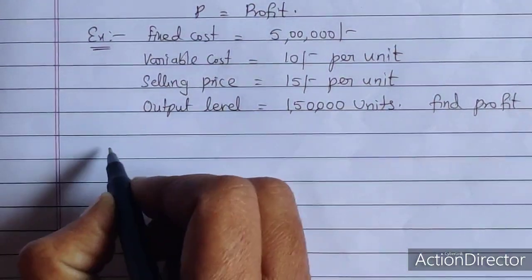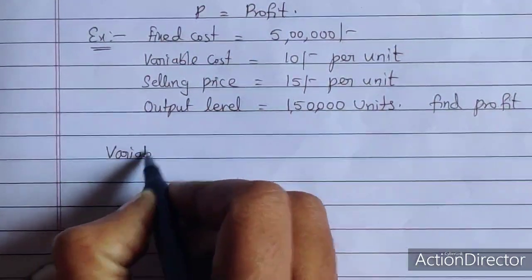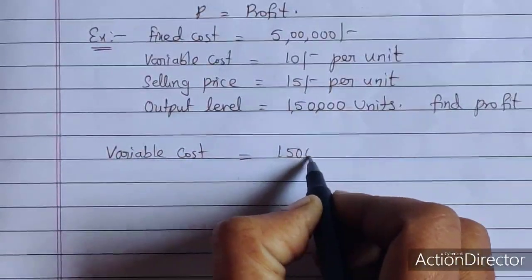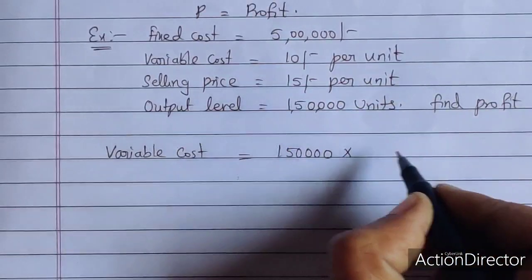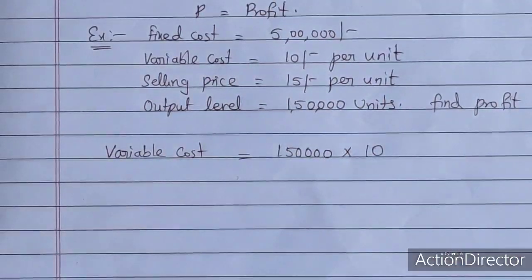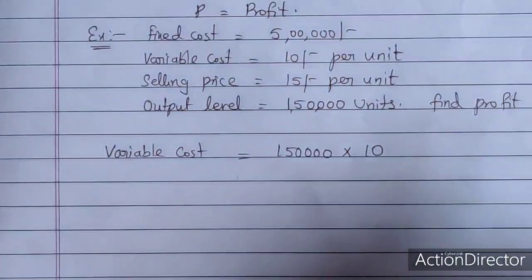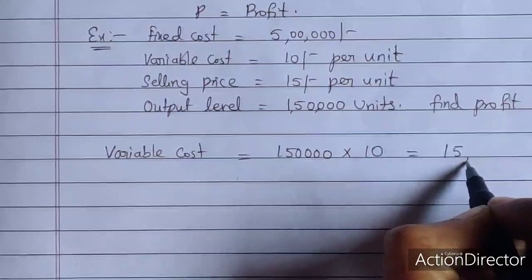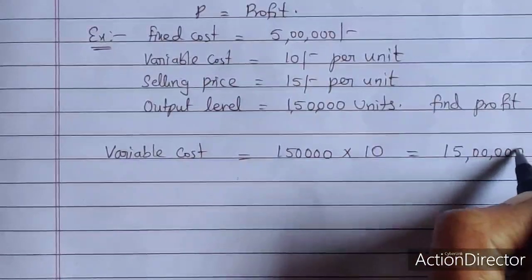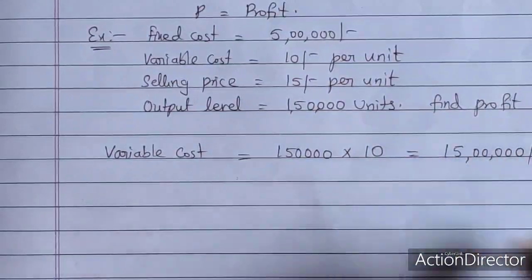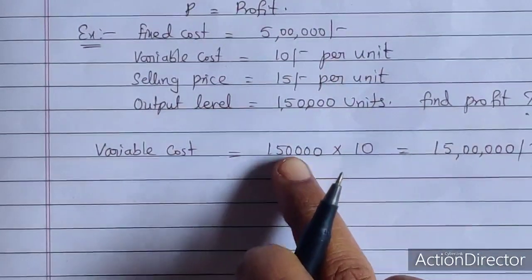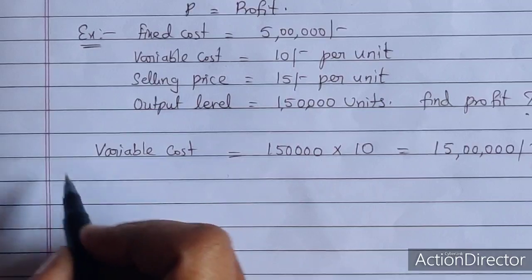So first we will calculate the variable cost. Variable cost is equal to 1,50,000 units into 10 rupees, which is equal to 15 lakh rupees.